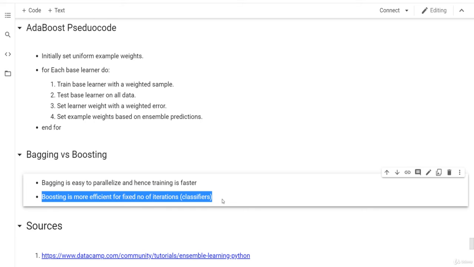If we have a fixed number of classifiers, then boosting will work much faster than the bagging algorithm, and it will give you better results. But generally speaking, you need to test both, bagging and boosting, and see for this specific data and this specific problem which one of them is giving you better results.